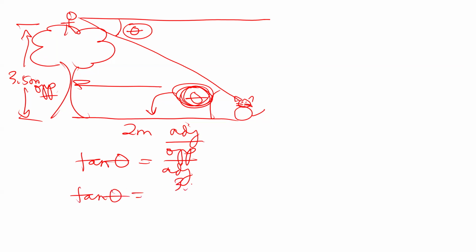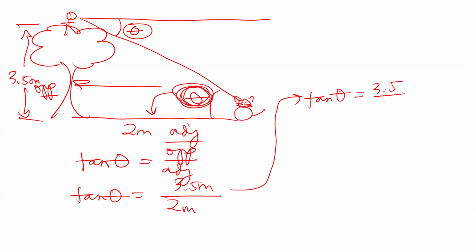Solving for tangent theta, we don't know theta. The opposite side is 3.5 meters. The adjacent side is 2 meters. So tan theta is equal to 3.5 over 2. So theta equals tangent inverse of 3.5 over 2.